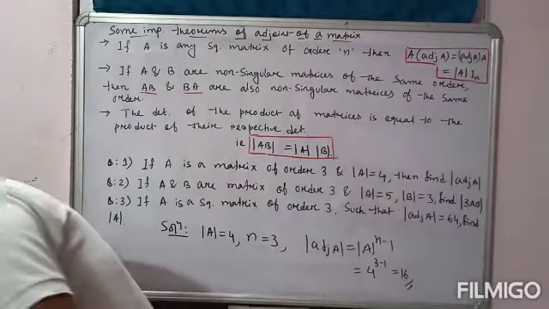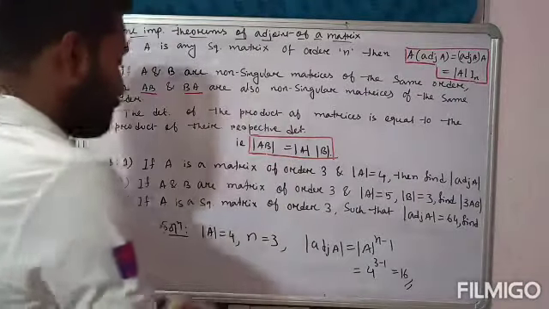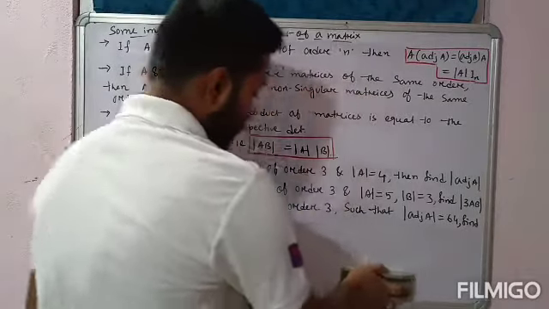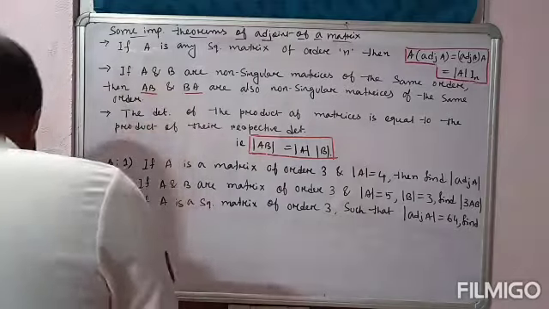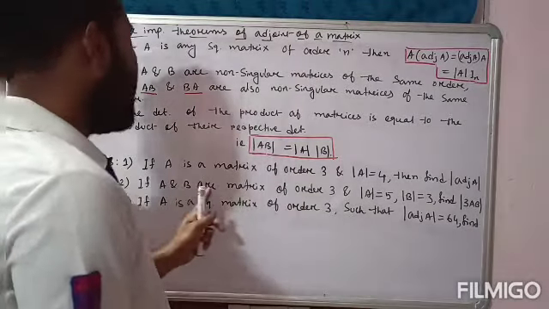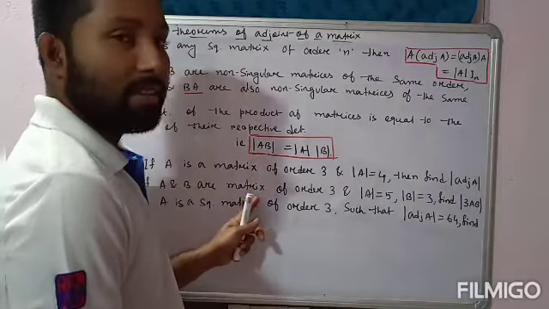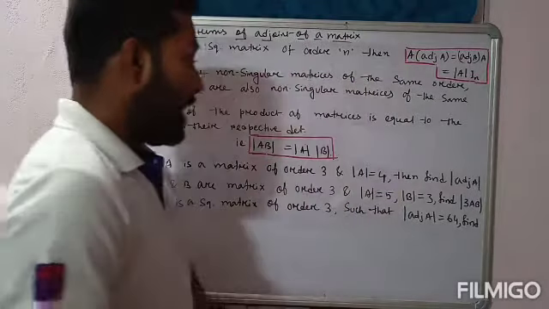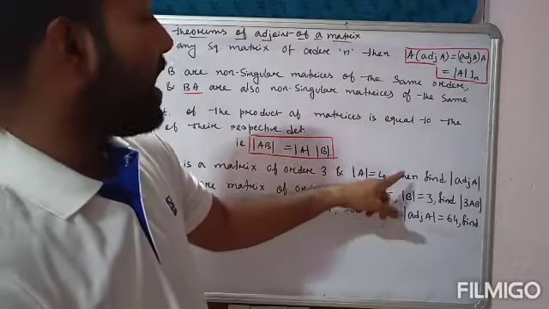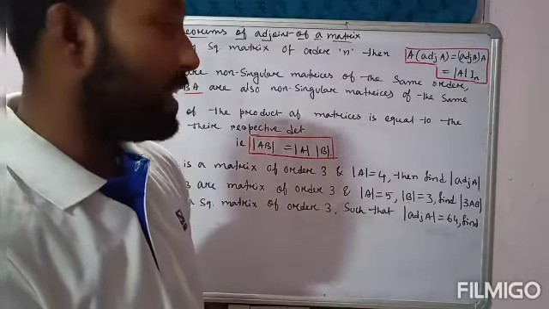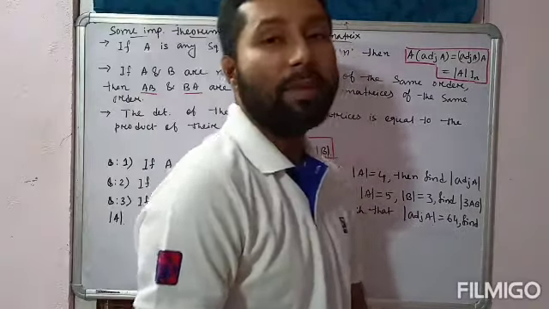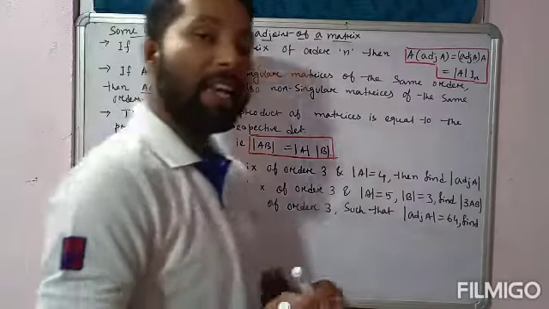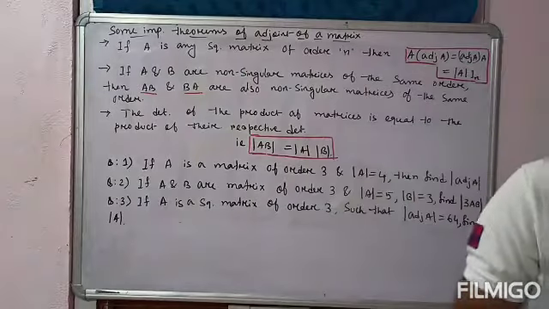Okay, now the second question is: if A and B are matrices of order 3 and determinant A equal to 5, determinant B equal to 3, find the value of determinant of 3AB. For this, I already gave a property earlier.